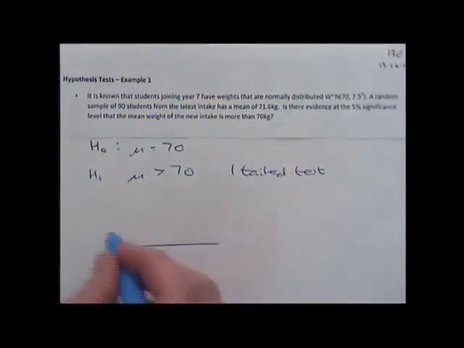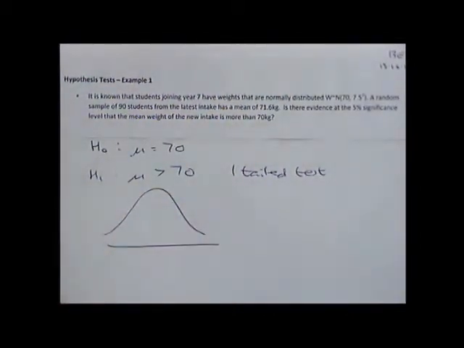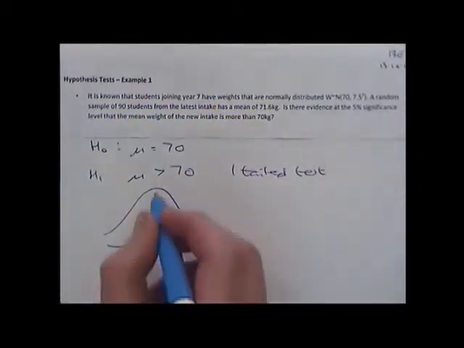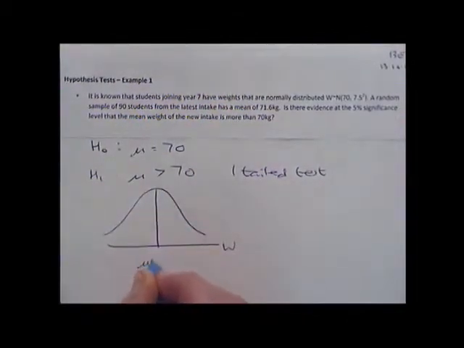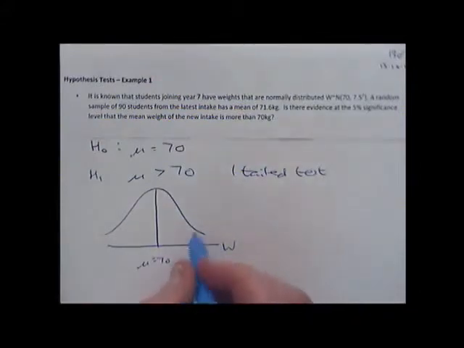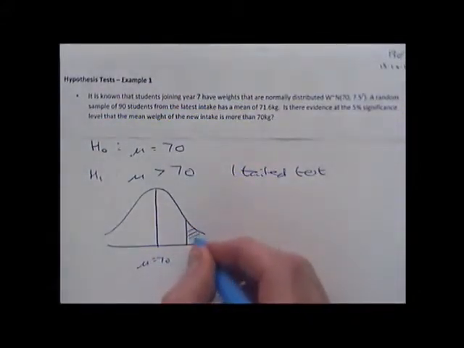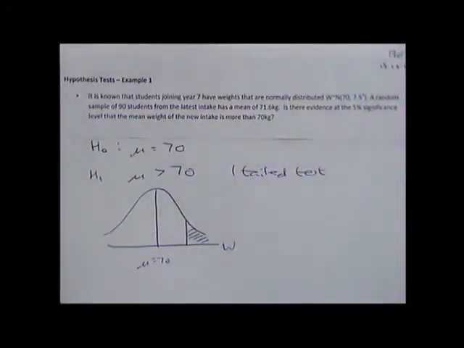So what we're doing now, under the null hypothesis we've got a normal distribution curve for W where mu equals 70. What we are going to establish is a critical value and a critical region. Our critical region is going to be the shaded bit here.